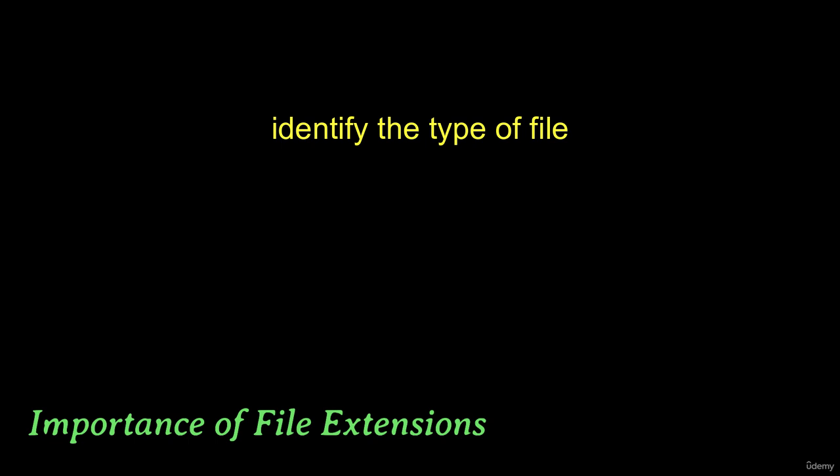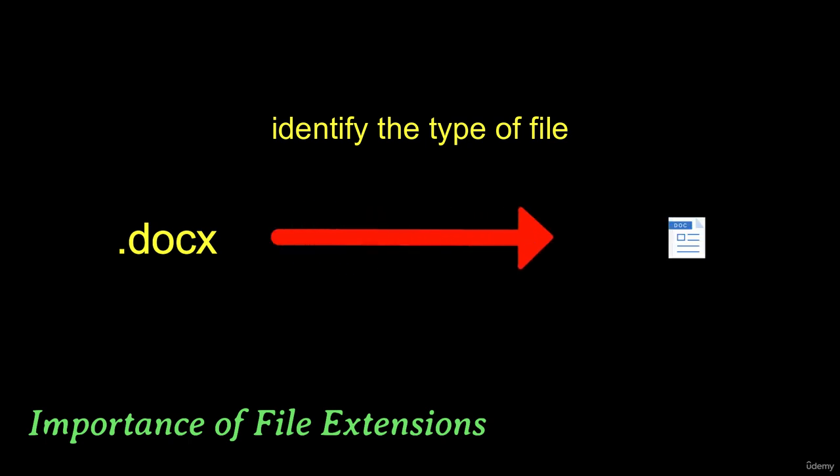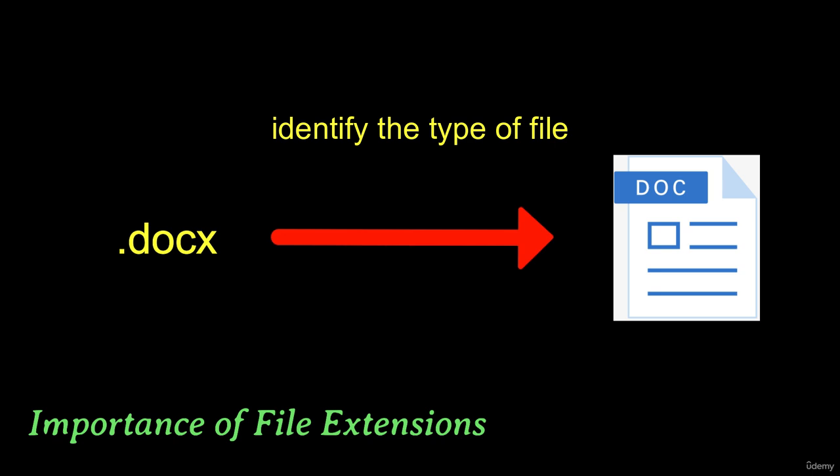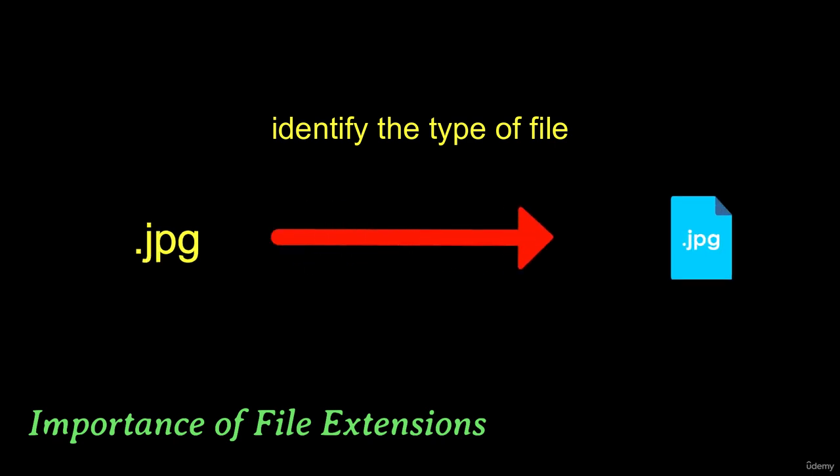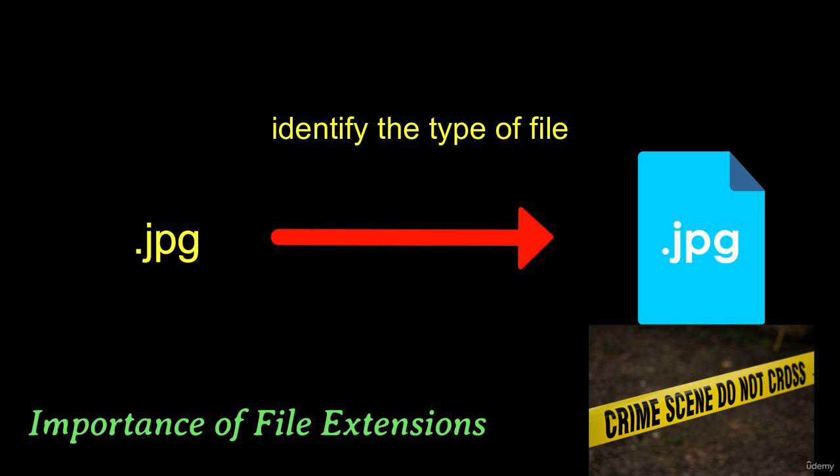There are so many file types, so many file extensions, but we are familiar with a few of them. For example, the .docx file extension indicates a Microsoft Word document. Similarly, a .jpg extension indicates a JPEG image file, right?